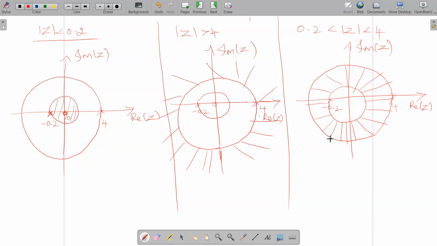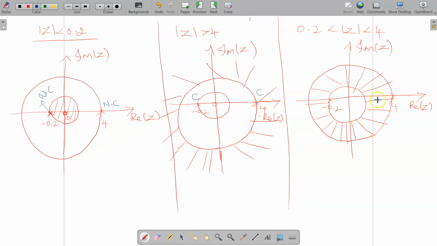Whenever your ROC is lying inside a particular pole, that pole is non-causal. For the other pole in this diagram, the ROC is also lying inside, so that pole is also non-causal. Coming to this diagram, the ROC lies outside, so this pole is causal, and this pole is also causal.